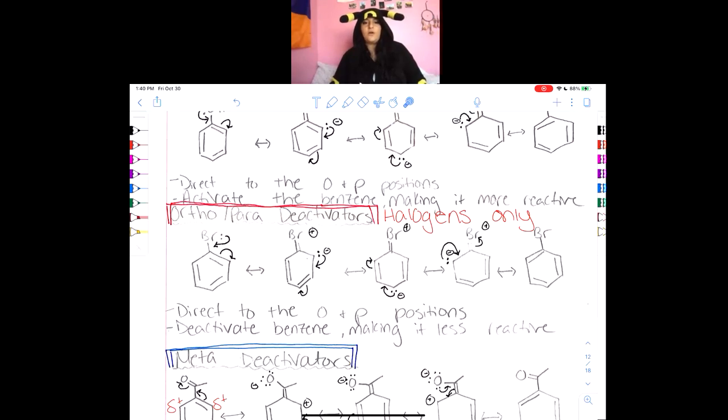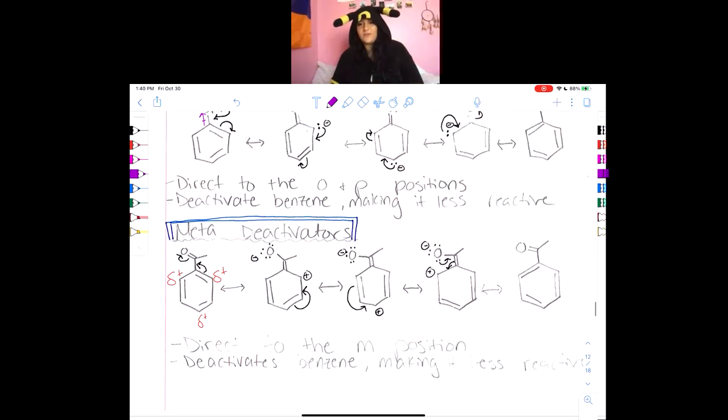However, overall, the benzene ring will be deactivated because it is so electronegative. It pulls electrons away from the ring, like so. And that would mean that overall the benzene ring is less reactive because it has less electron density to be a nucleophile.